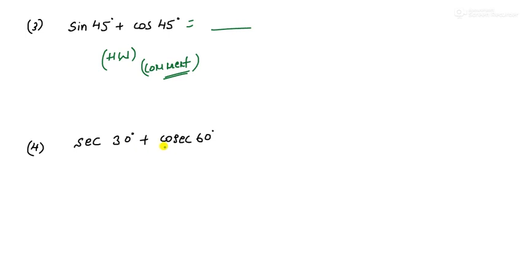Sec 30 plus cosec 60. As I told, there is no need of byhearting sec, cosec and cot because sec is the reciprocal of cos. So if you remember cos 30, that's enough. What is cos 30? It is root 3 by 2. And cosec is the reciprocal of sine. So what is sine 60? It is root 3 by 2, right? Yes.